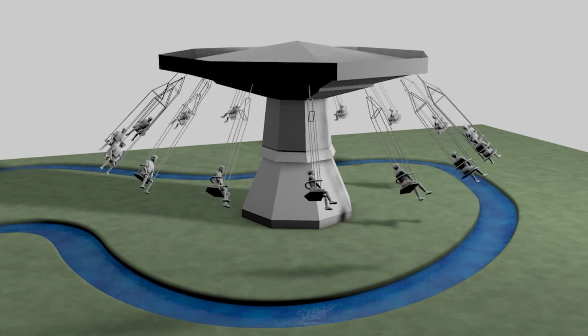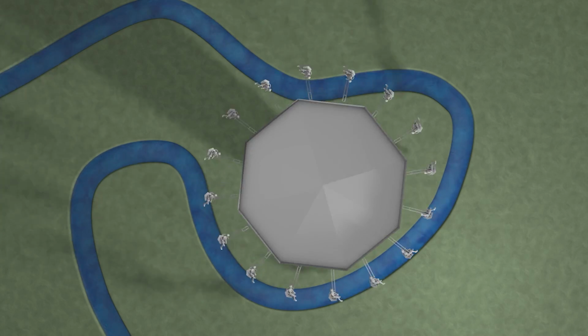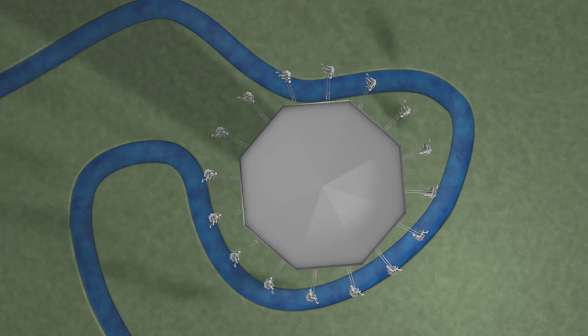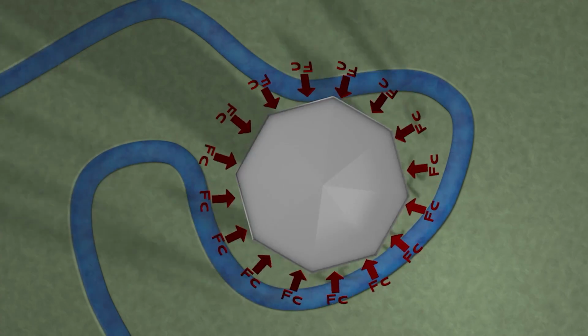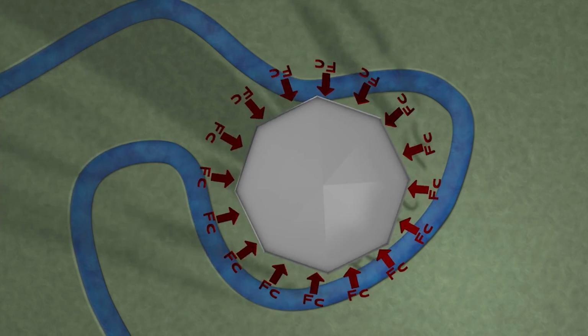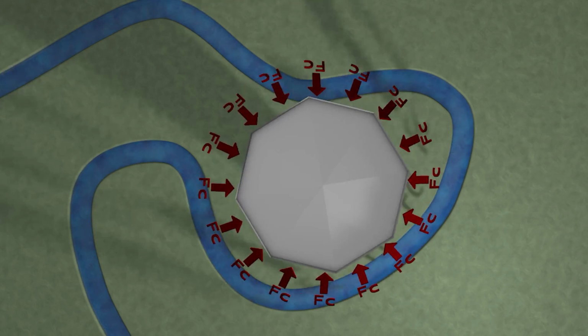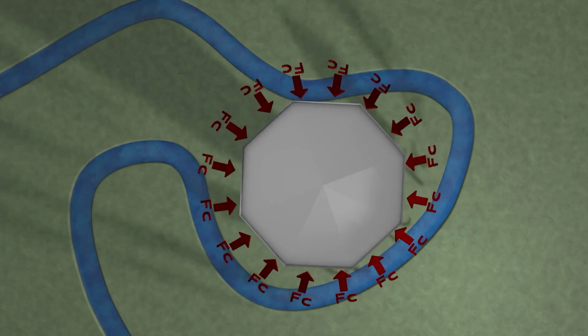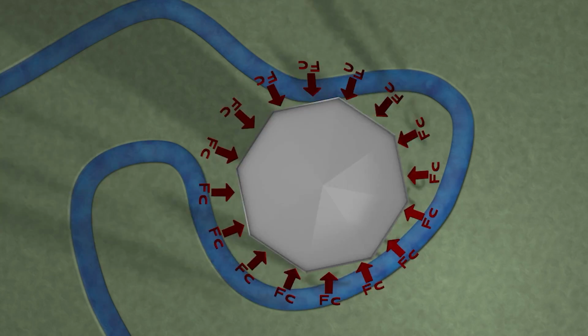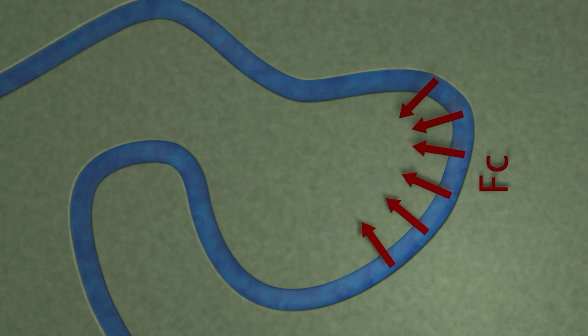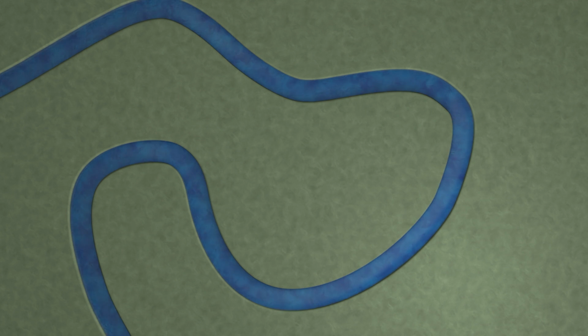This force, called the centripetal force, is directed to the center of curvature. Also in a bend there is a centripetal force, changing the direction of the flow velocity. In the carousel, the centripetal force is exerted by the chain.